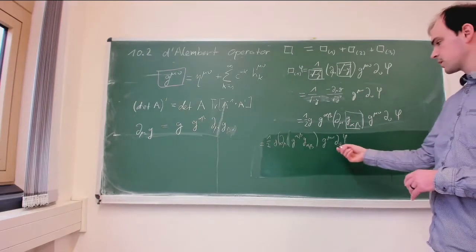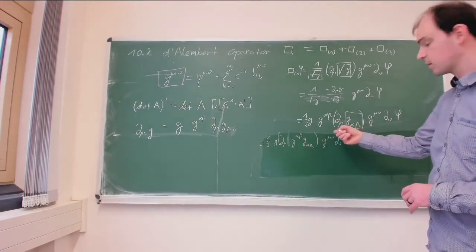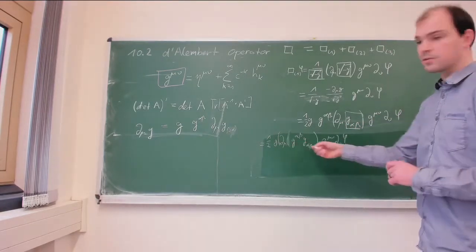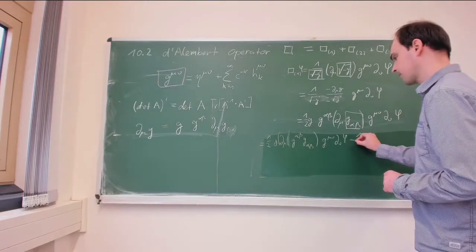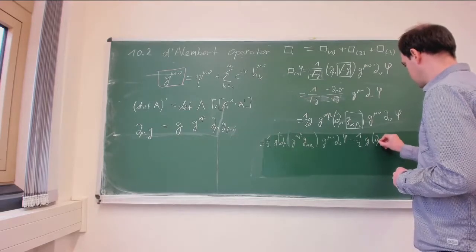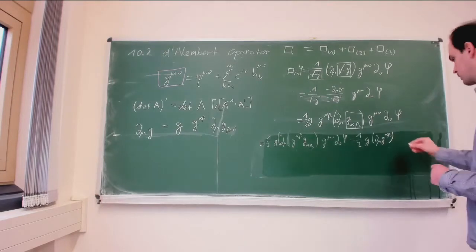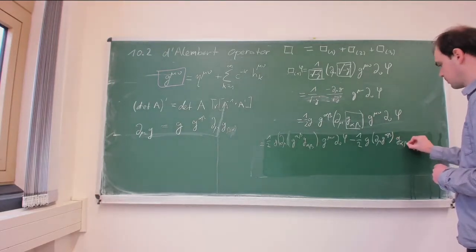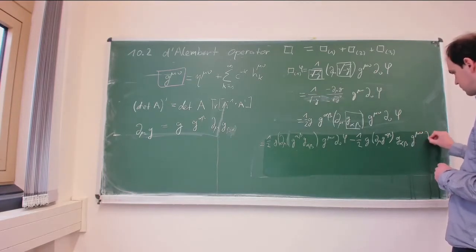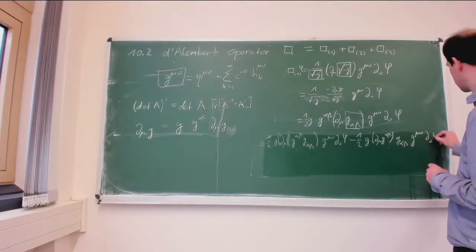By the product rule, this gives us this derivative, but it also gives us a second term where the derivative acts on the first g alpha beta. So we have to subtract this and get minus 1/2 g d mu g alpha beta g mu nu d nu phi.